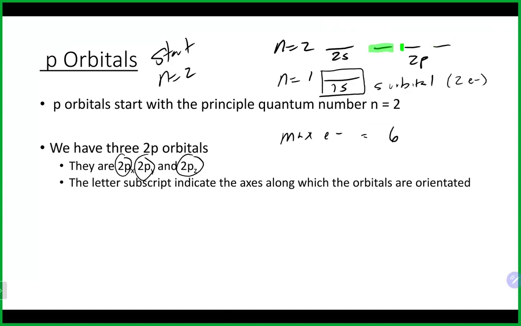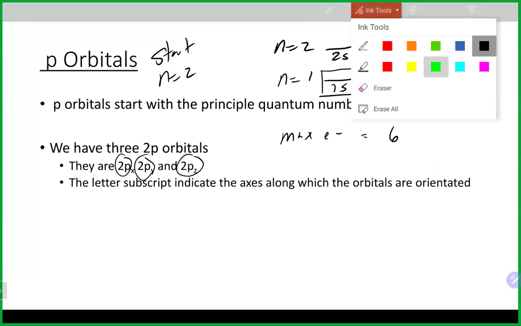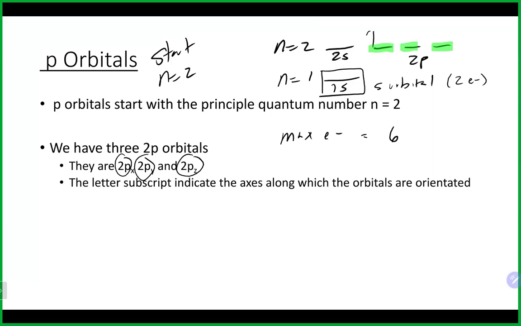That's the px, the py, and the pz orbital. So there are 3 different individual p orbitals. Each one can hold 2 electrons, which means if you filled all of those p orbitals on any energy level, it could max out with 6 electrons: 2 in each of the individual orbitals.